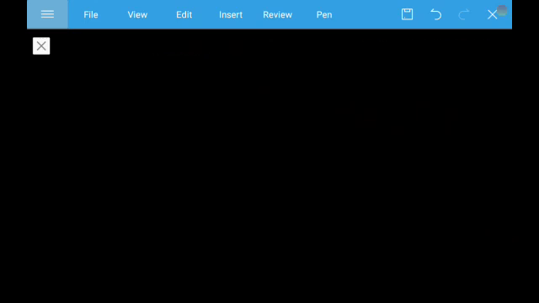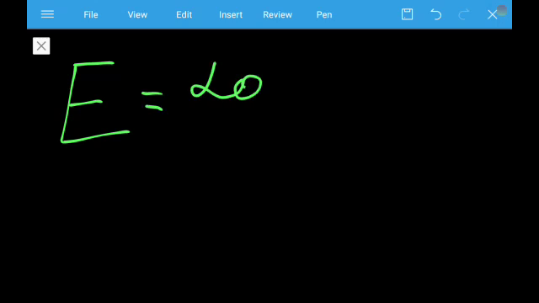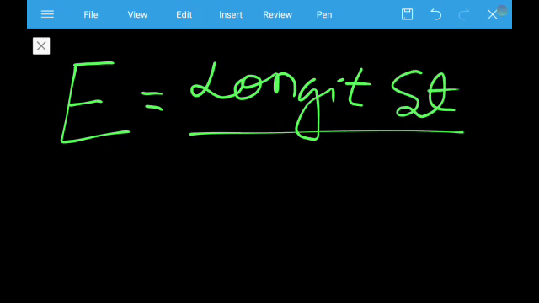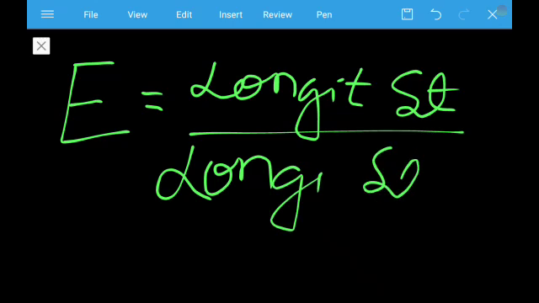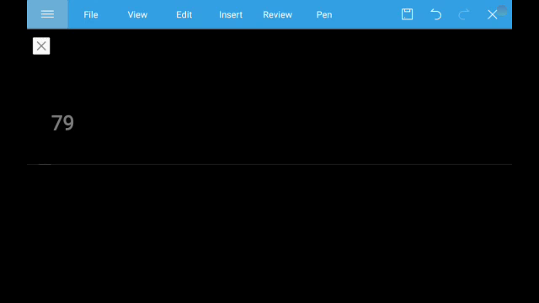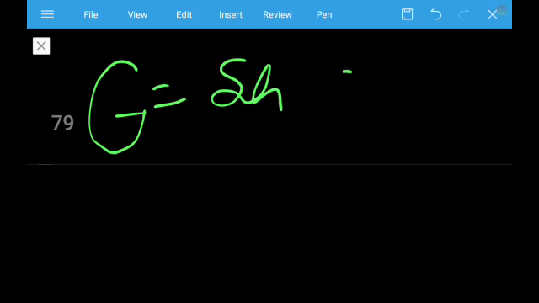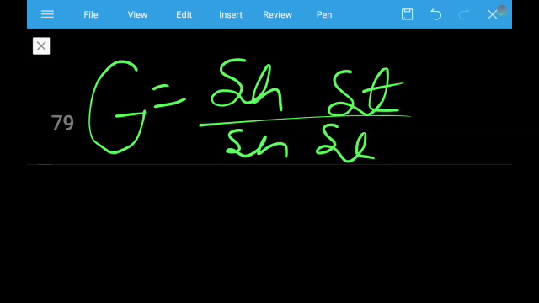Now defining the Young's modulus of elasticity, E is longitudinal stress upon longitudinal strain. Next is modulus of rigidity, represented by G here: shear stress upon shear strain.